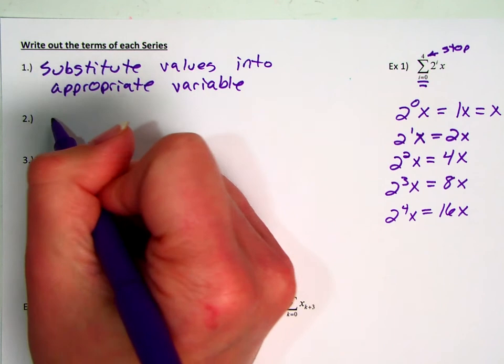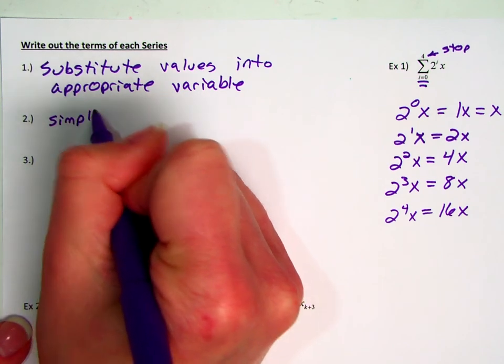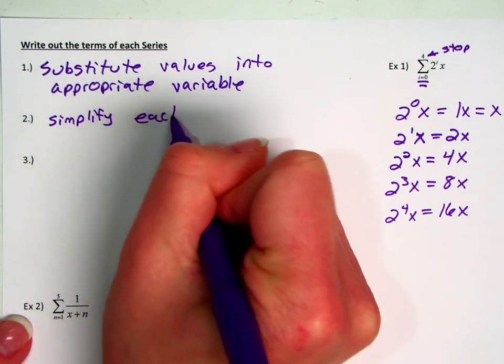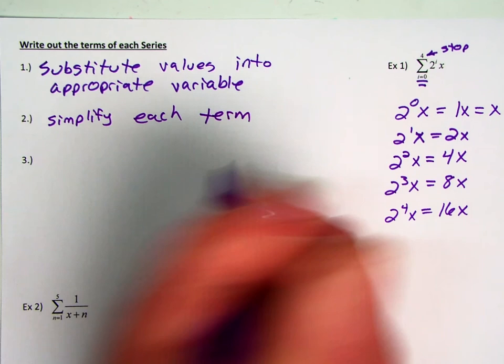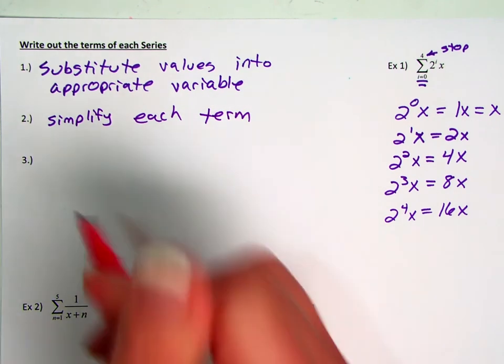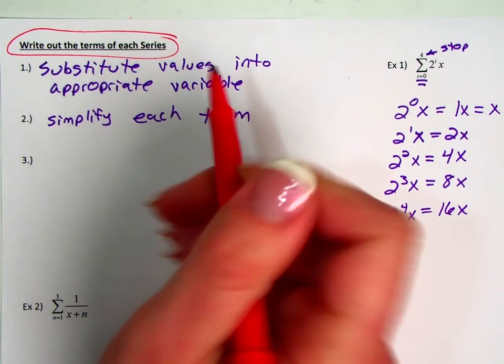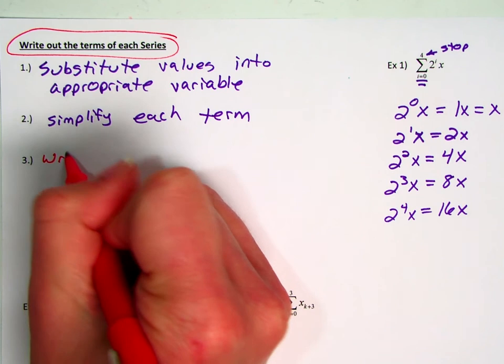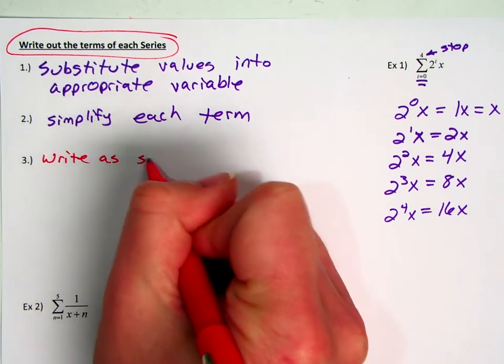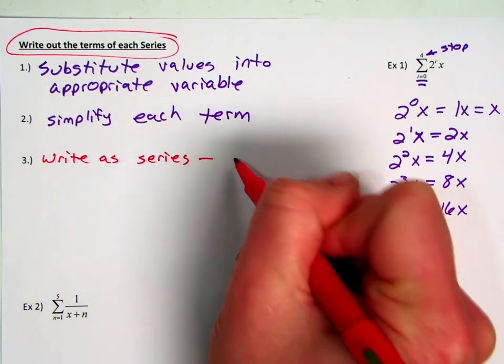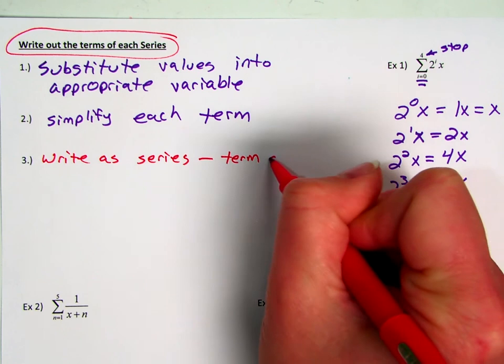Now that once we substitute it in, we actually did both of these steps. We substitute and we simplify each term. And once we simplify each term, then we can actually do what it's asking, which is to write out the series. So write as series. And remember, the series just means the terms added together.